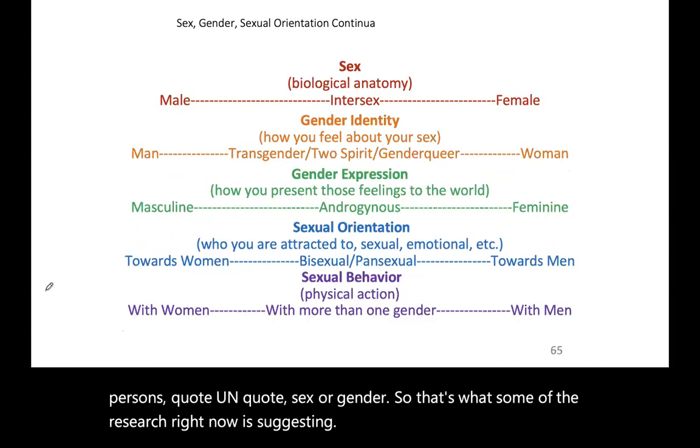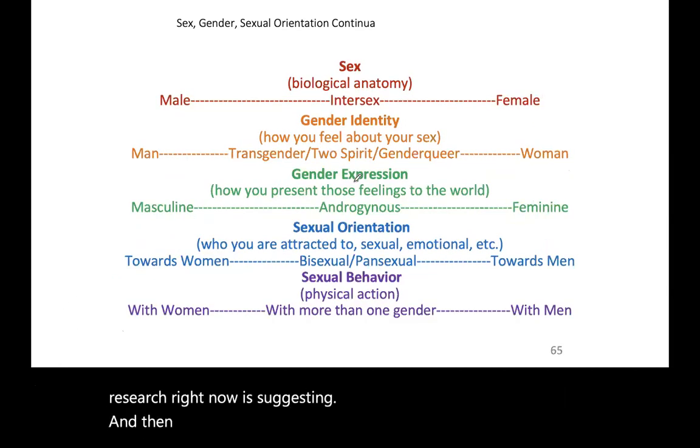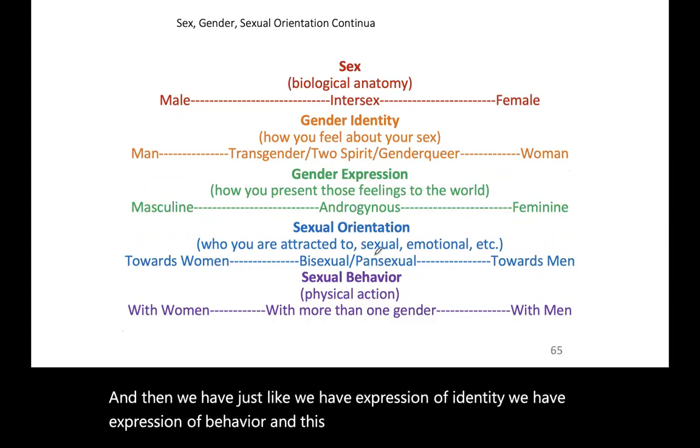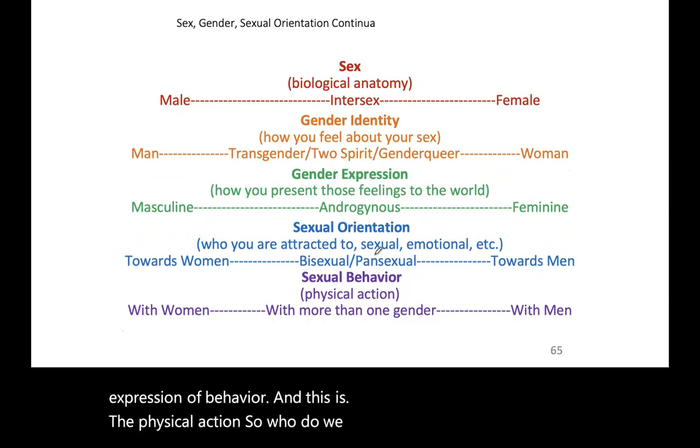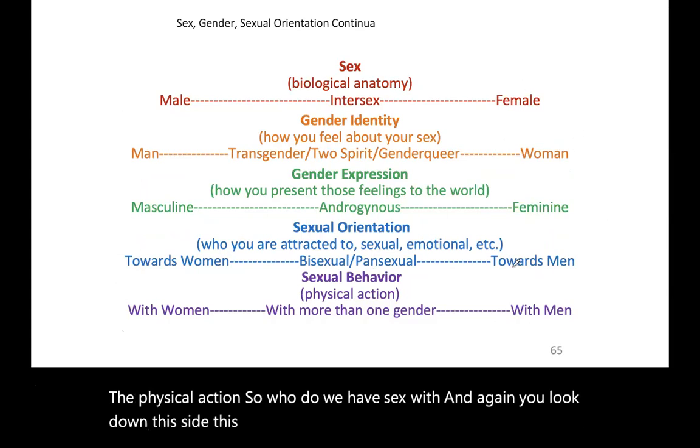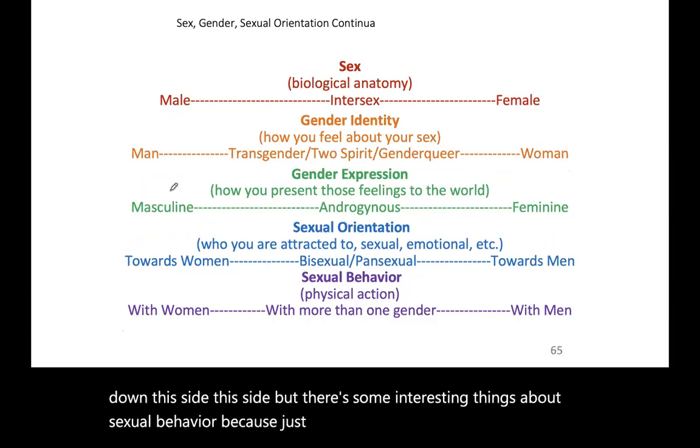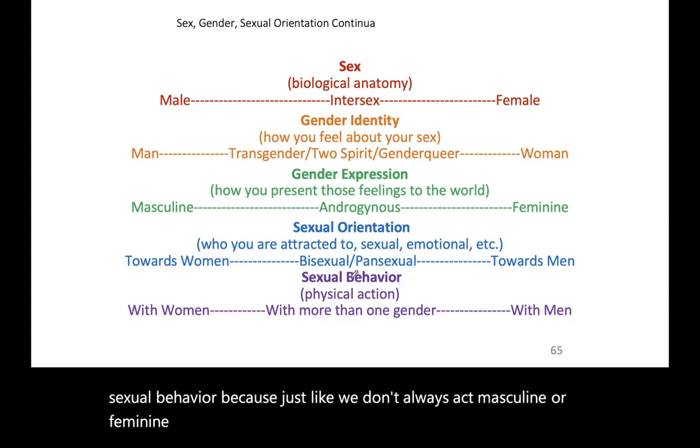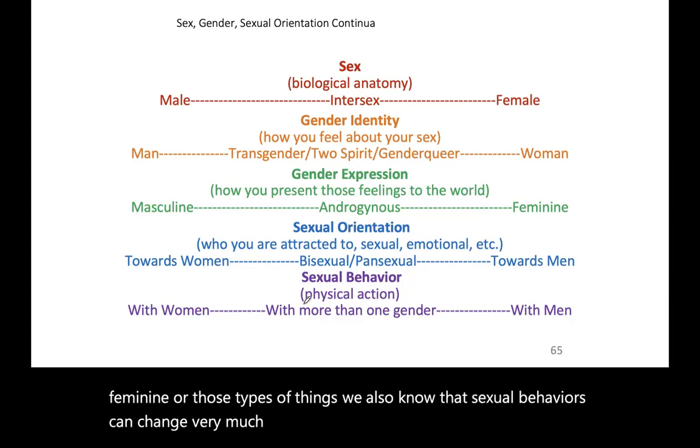All right. And then just like we have expression of identity, we have expression of behavior, and this is physical action. So who do we have sex with? And again, you look down this side, but there's some interesting things about sexual behavior, because just like we don't always act masculine or feminine, we also know that sexual behaviors can change very much as well.